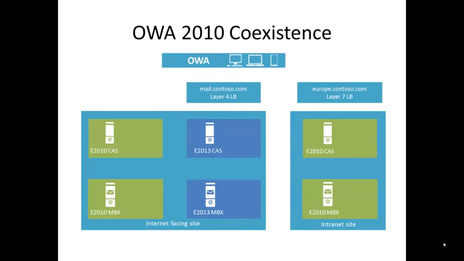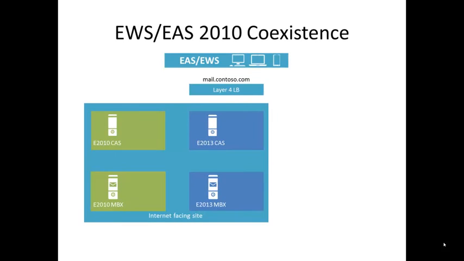If we use an additional namespace, europe.contoso.com for example, we are presented the 2013 logon page, and in this case again we are redirected to the additional namespace. And then again we are presented the 2010 logon page and the data is retrieved.